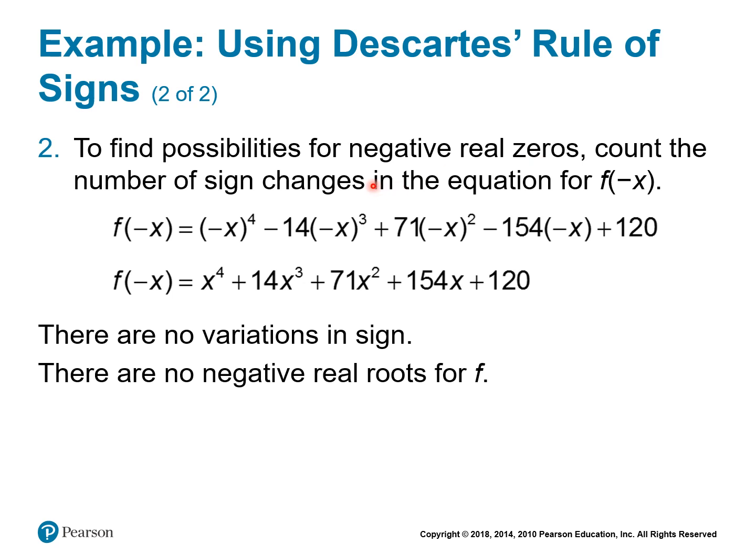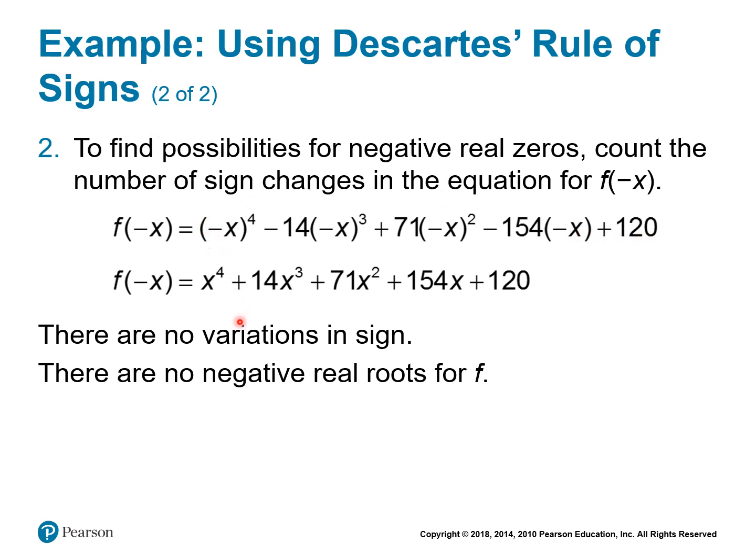They took the polynomial f of x, replaced x by negative x and reworked the polynomial. So we have negative x to the power 4 minus 14 times negative x cubed plus 71 times negative x squared minus 154 times negative x plus 120.